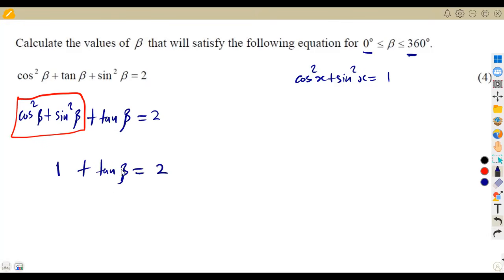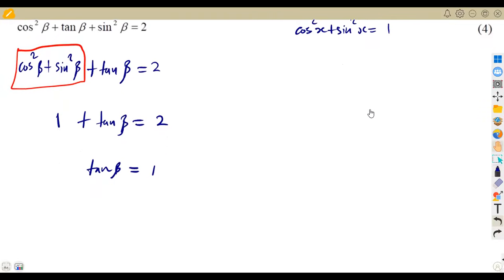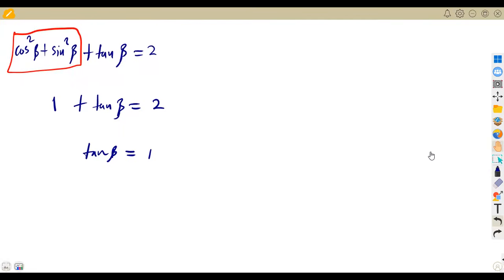So how do I solve from this part? I can simply transpose 1 to the other side so that it becomes a negative. So the tan of beta is going to give us 2 minus 1, which is a 1. So that's it, guys. Once you're at this stage, what you're going to do is to find the reference angle. That was 4 marks. All right, you have to find the reference angle. And I said for the reference angle, you can write it in terms of x.